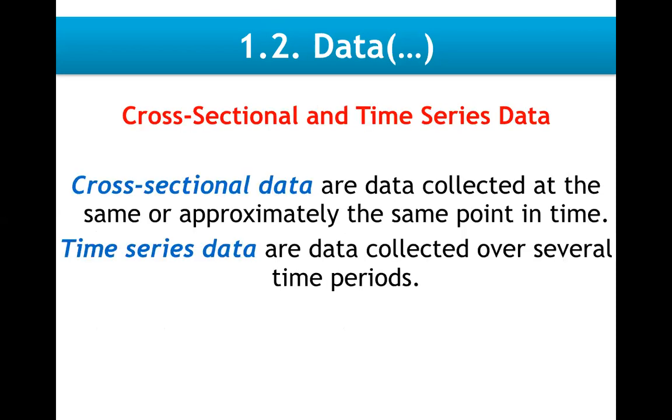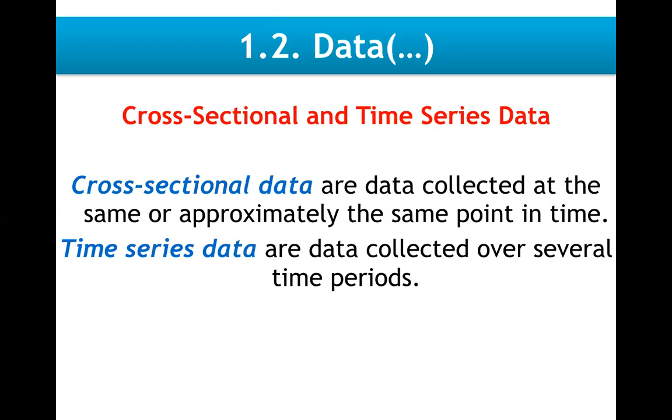Now, the last section under data is cross-sectional and time series data. In brief, cross-sectional data are data collected at the same or approximately the same point in time, whereas time series data are data collected over several time periods.